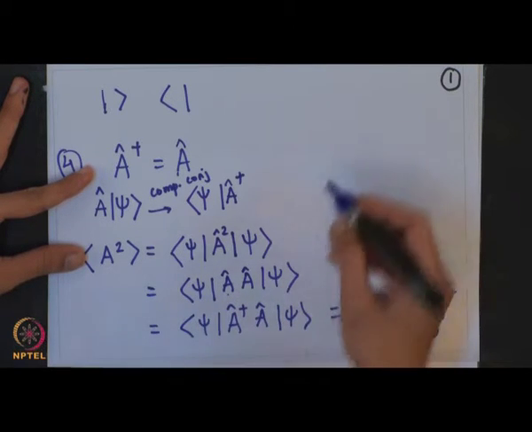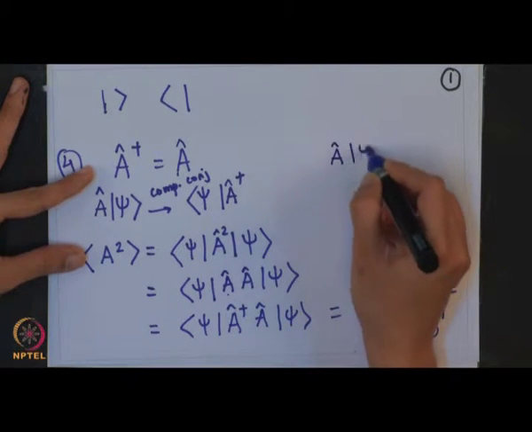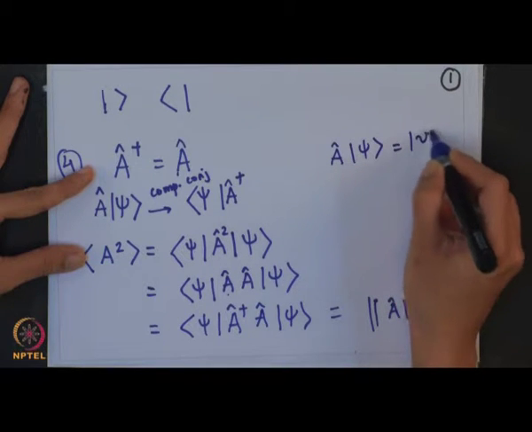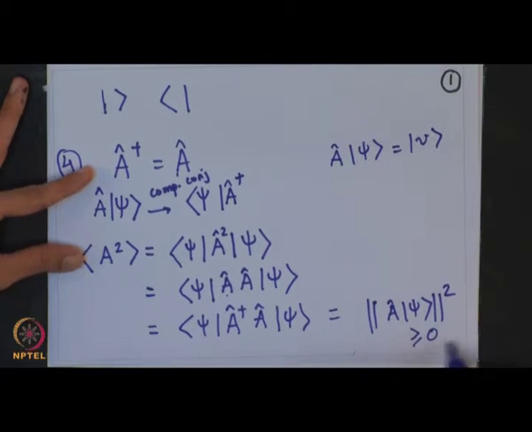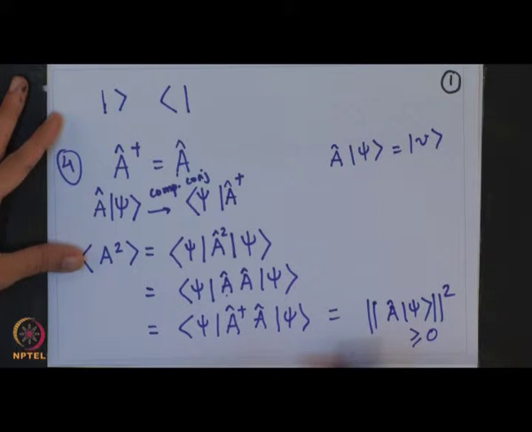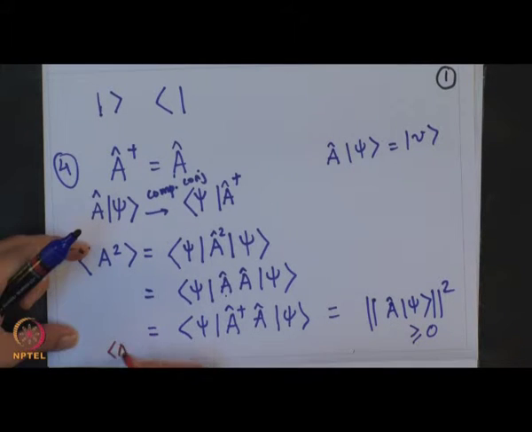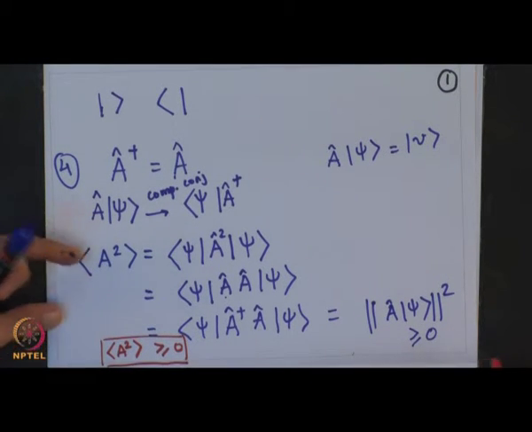Another way would be simply you define this as some vector v and do the similar exercise. Both the ways you can do it. So, we have proved here that this is important and you should remember that the expectation value of A square is greater than or equal to 0, since the norm of a vector is always greater than or equal to 0.